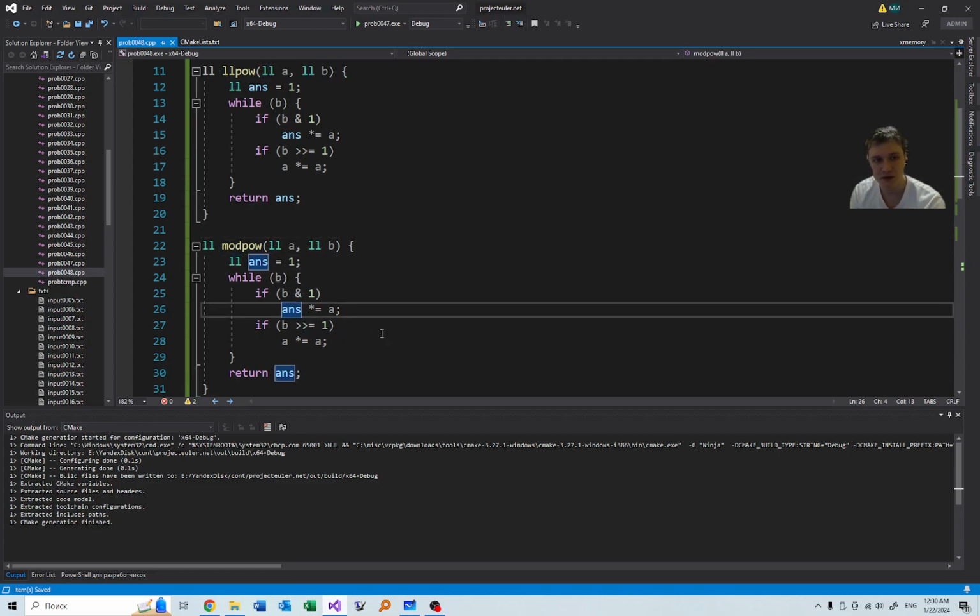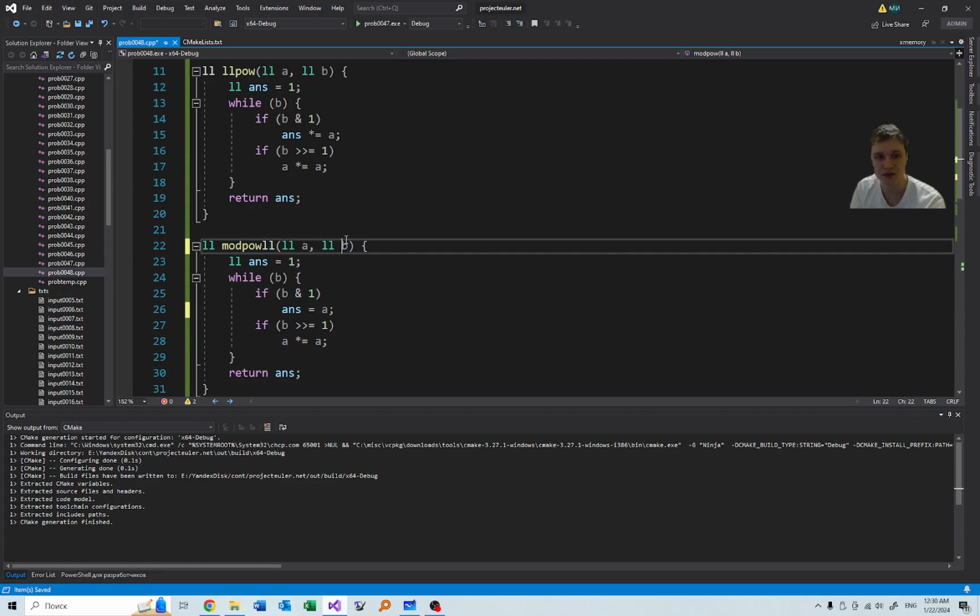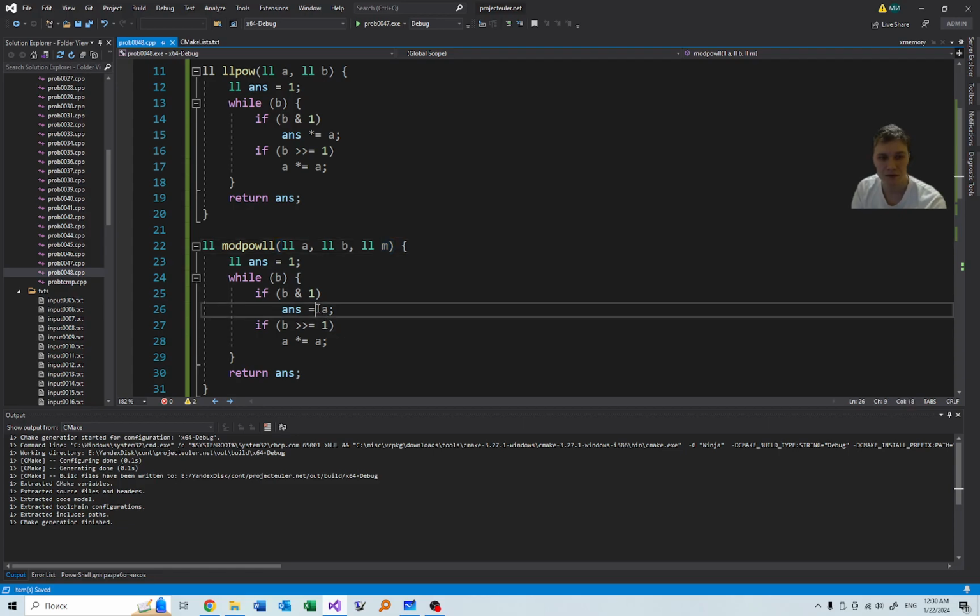We use answer equals, let's call it LL because it uses long modulus. So it is prod LL of ans, A and M, and here we have prod LL of A and A.